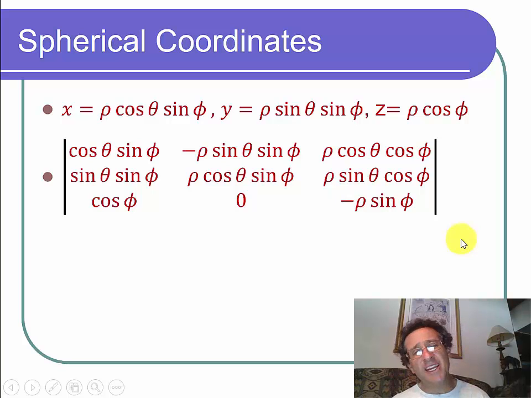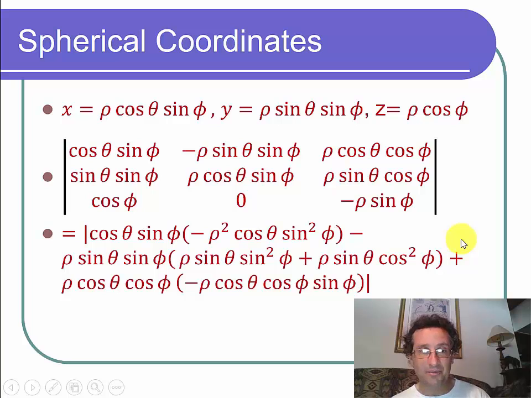So now I take the determinant of this matrix. It's a bit of a mess, but bear with me. We'll make it work. We take the cosine theta sine phi, that's right here, times the determinant of this guy, which is just rho squared times cosine theta times sine squared phi, and then minus 0.